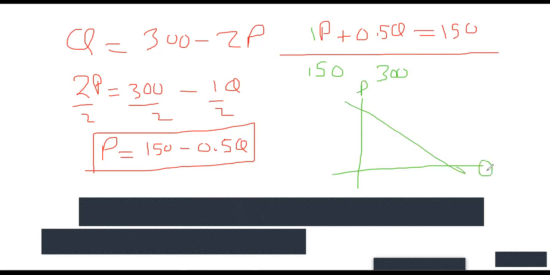On the P axis there'll be 150, and then on the Q axis there'll be 300. Are we together so far?